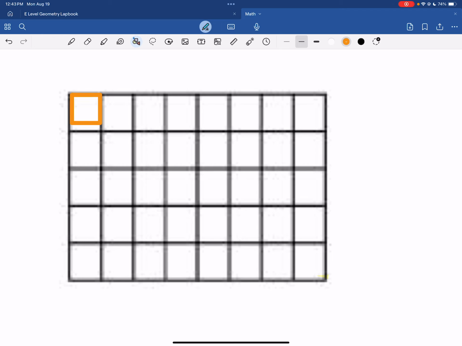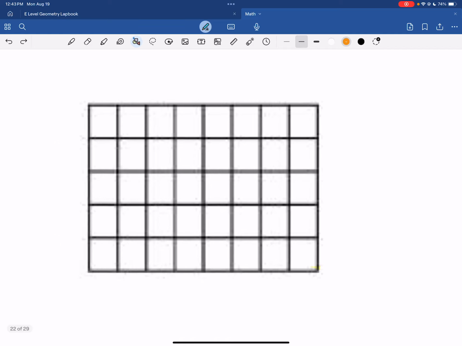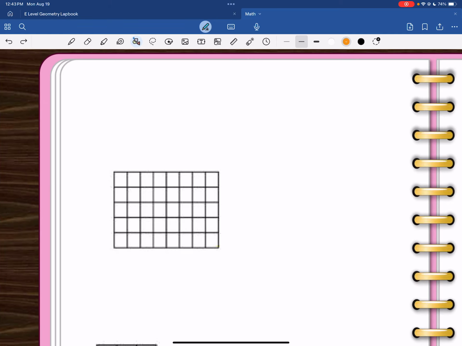So technically, this is not proper. I'm not finding an area in square units, it's rectangular units. But for the purposes of demonstrating, I'm just going to go ahead and go with this, with the note that this is not to scale.